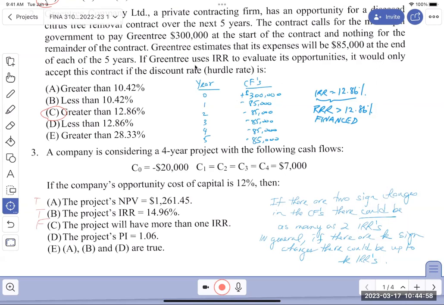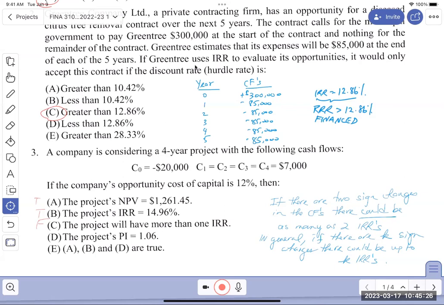And the IRR gives you a percentage as a metric. PI gives you a ratio. So they're all different measures with the same data, right? They're different measures and they are interpreted in different ways. And some of them are better than the others given the conditions. So you'll get the idea when you finish watching the videos.